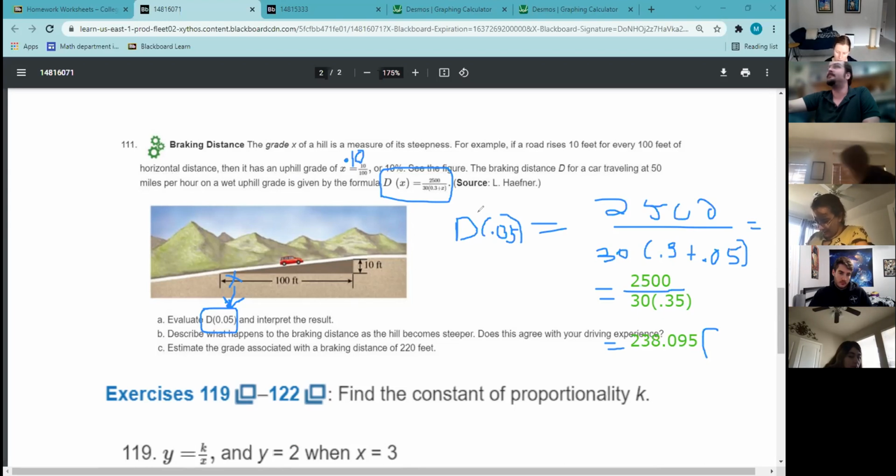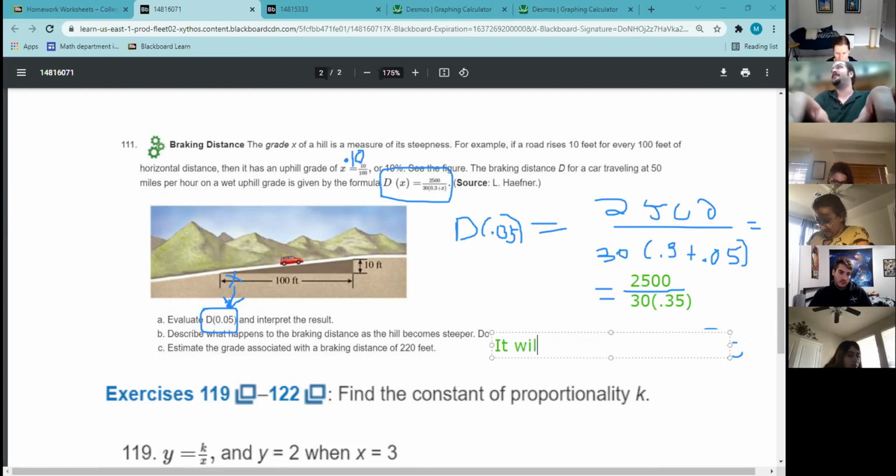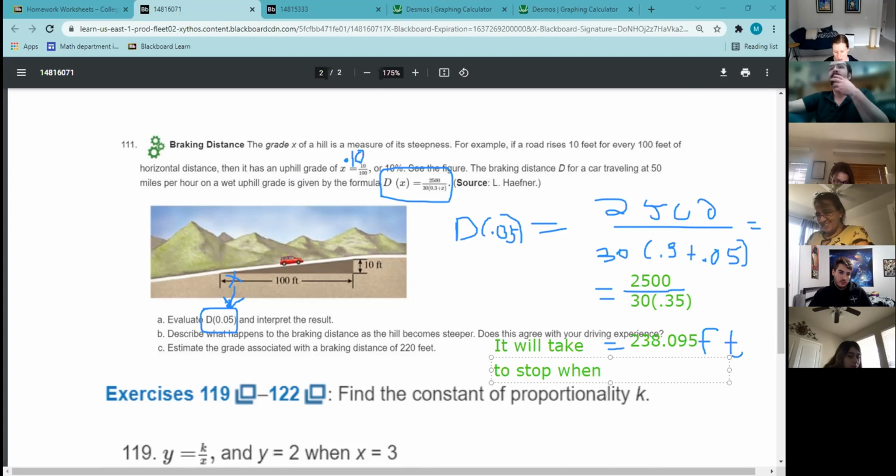The number you find in the results, that 238.095 feet. So it will take this many feet to stop. When is it going to take 238 feet to stop?